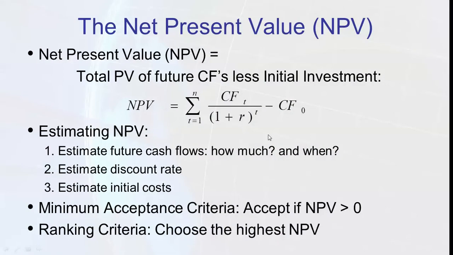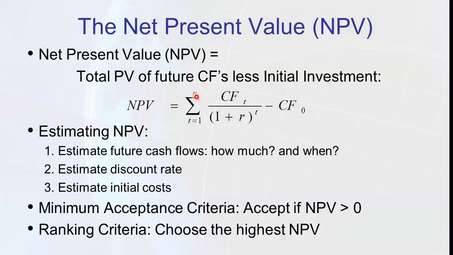So let's talk about capital budgeting techniques. One of the important ones is net present value. Net present value is basically the present value of all future cash flows minus cost. To estimate NPV, first of all, you need the future cash flows, the discount rate, and the initial cost.